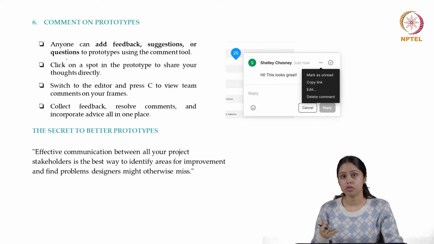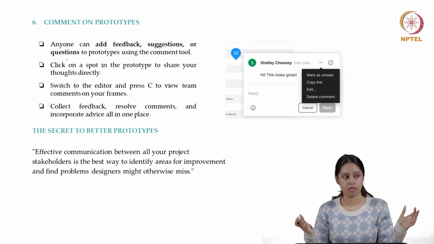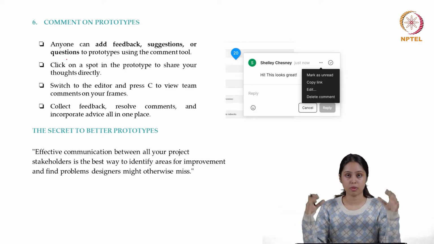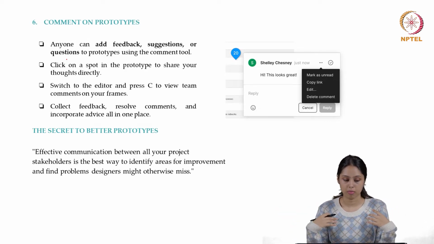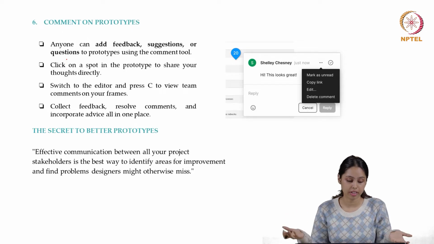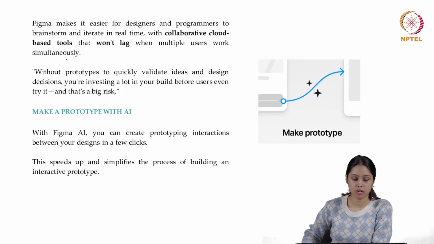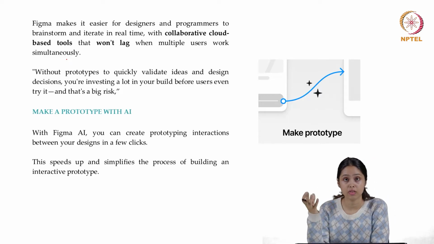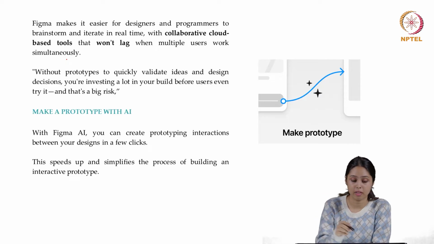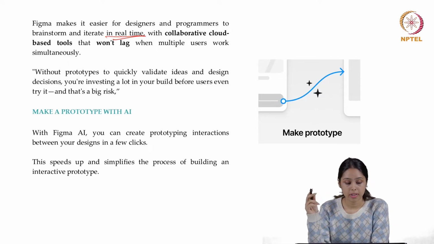And we can also call this brainstorming because you have a team and everyone is putting in their ideas, and that actually essentially means that there is effective communication between everyone, right? So, Figma also helps designers or programmers both to brainstorm and iterate in real time, might I add, with collaborative cloud based tools and won't lag when multiple users work simultaneously.